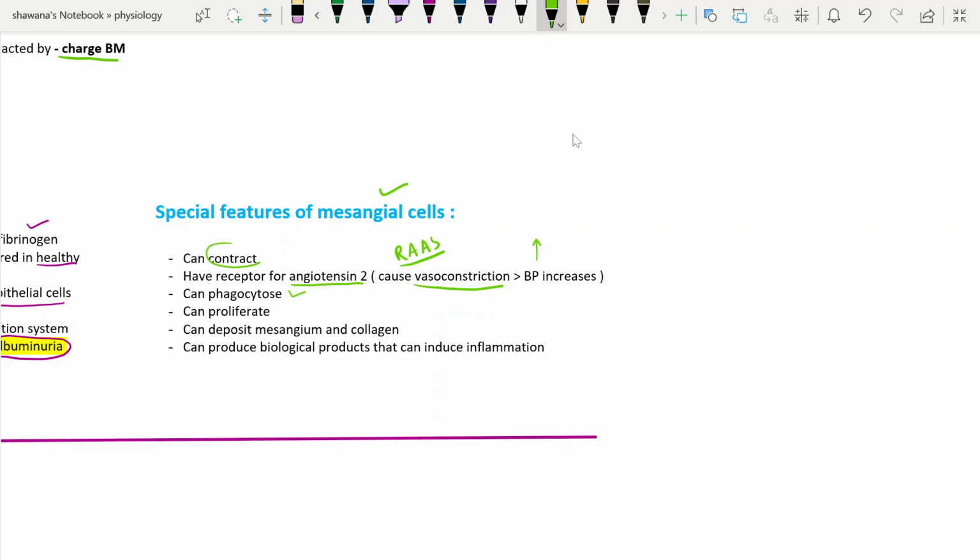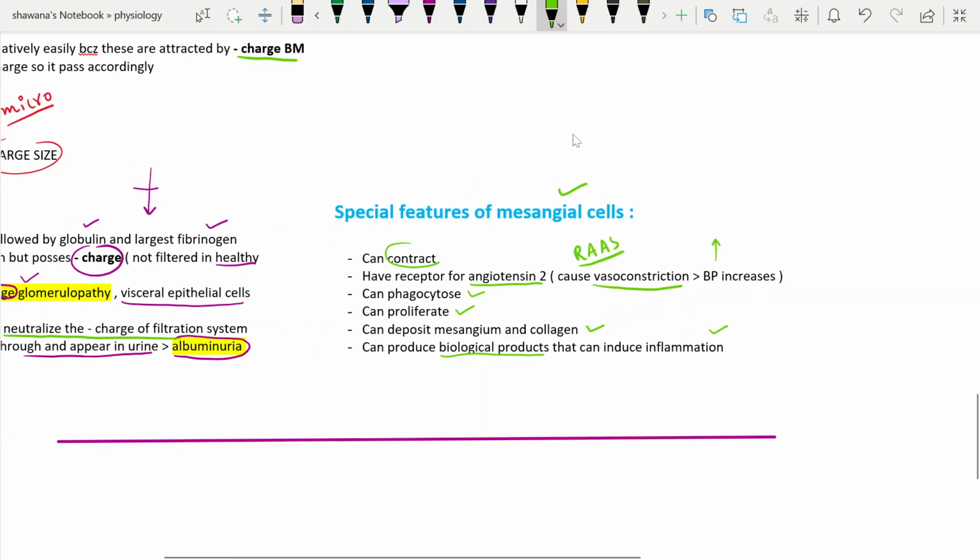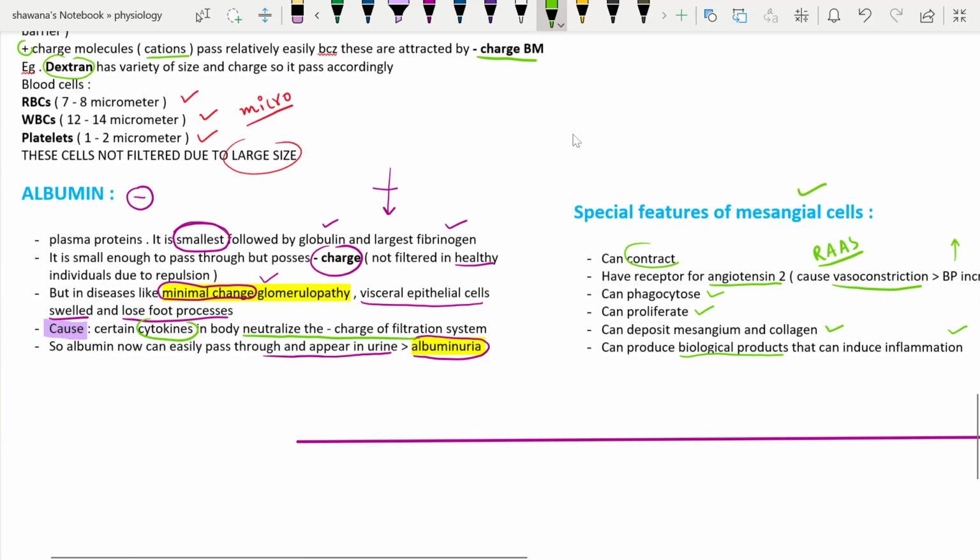Mesangial cells can phagocytose foreign material, for example bacteria or antigens. They can proliferate, they can divide, they can deposit collagen and mesenchyme, the connective tissue, and they can produce biological products that can induce an inflammatory response. So these are the special properties of the mesangial cells.